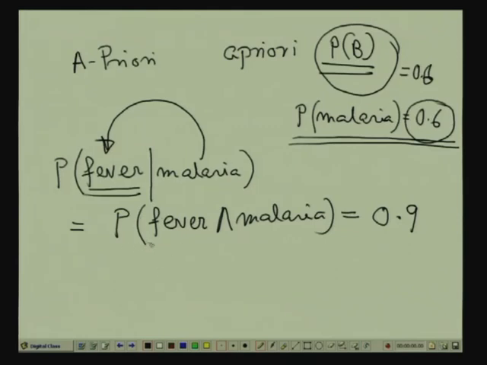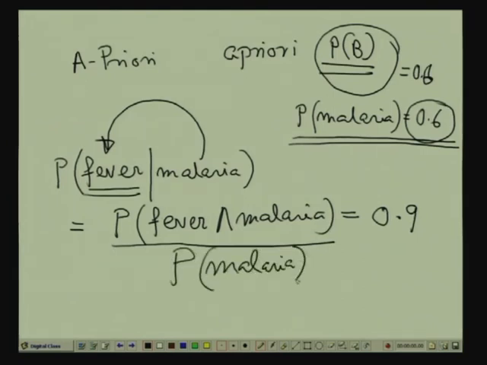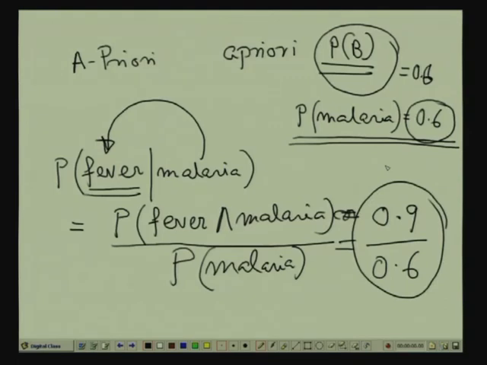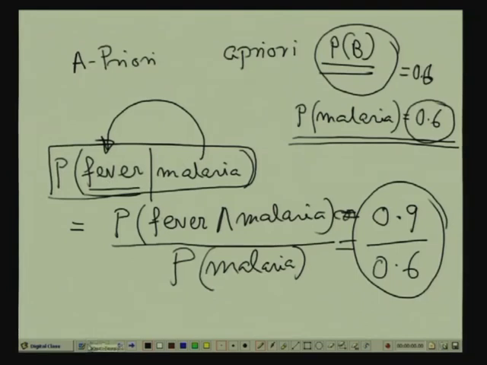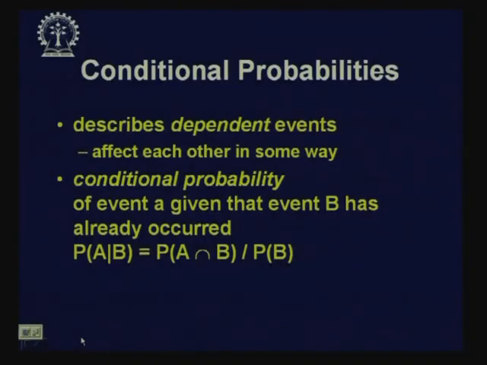So, we compute this by dividing with the a priori probability of malaria. Because they are not independent, I divide it with 0.6, and whatever value comes up is my conditional probability of fever given malaria. So, that is conditional probability.